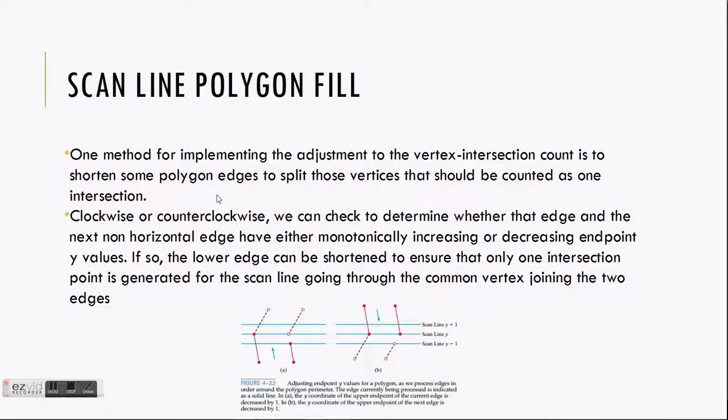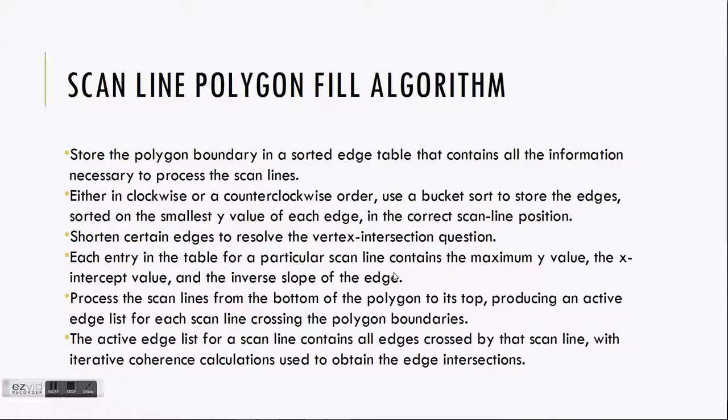So when such a thing happens, we need to adjust the vertex intersection count. So here we can see the intersection count for scanline Y is 2, then it is decremented by 1 unit in line A. Similarly, it happens in line B.